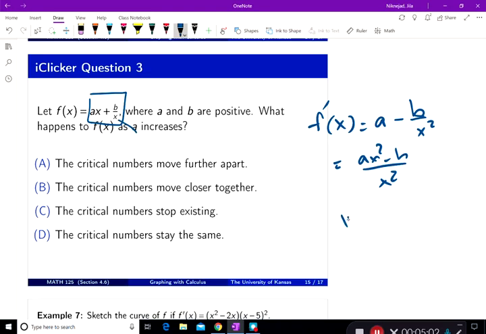And so I get x = plus or minus the square root of b/a. As a increases, b/a decreases, and so both plus and minus the square root of b/a get closer and closer together. So the two critical numbers move closer and closer together.